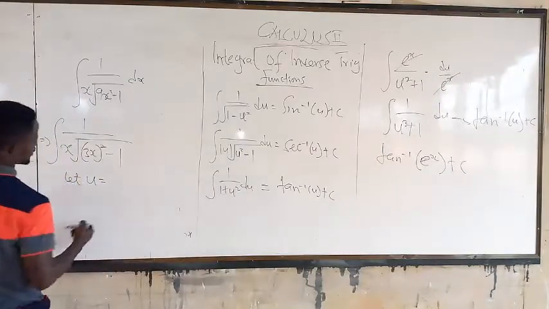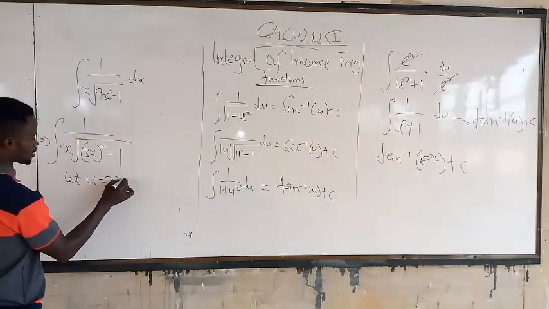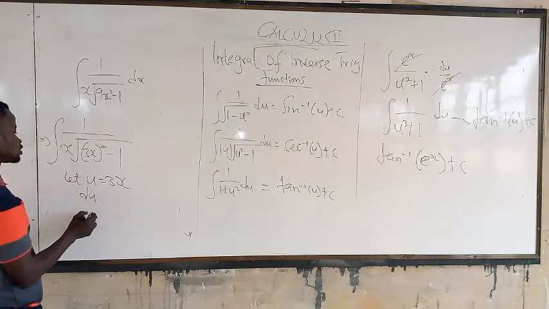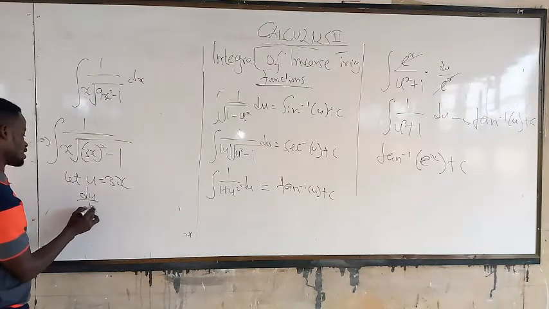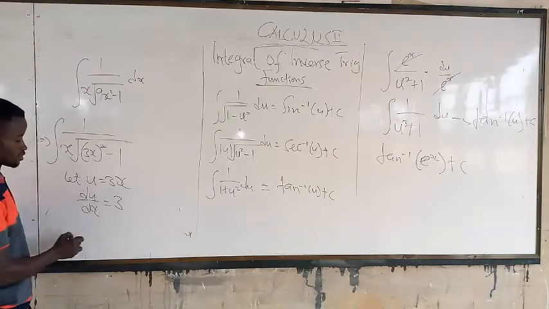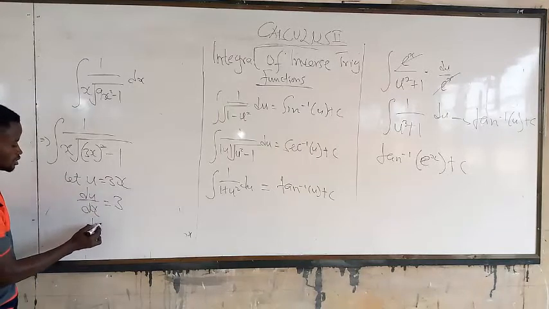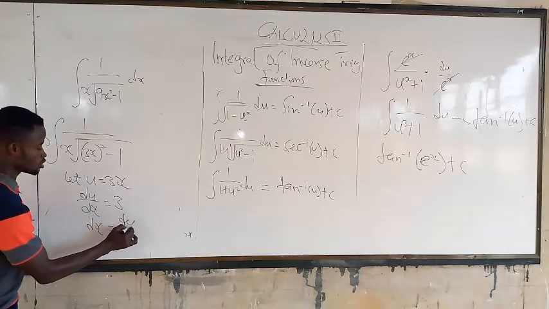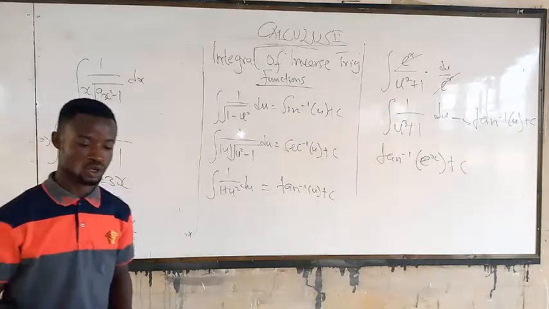Alright, that is the inside, which is what? 3s. So du over ds is going to be 3. Therefore, ds is going to be du over 3. Hope you are following.